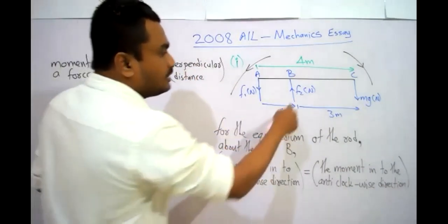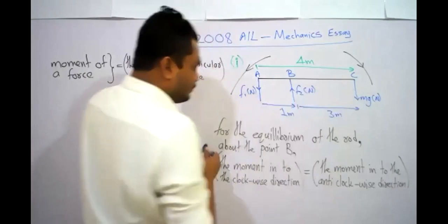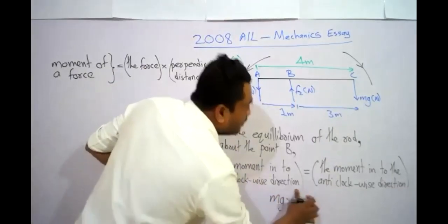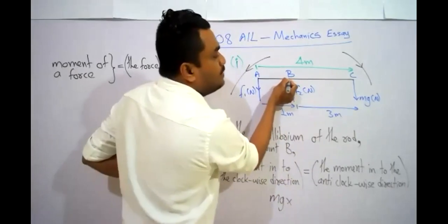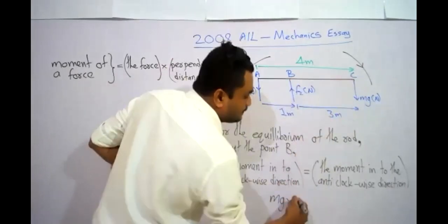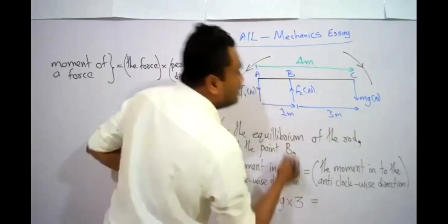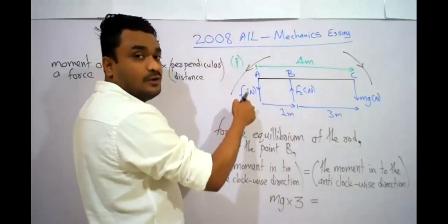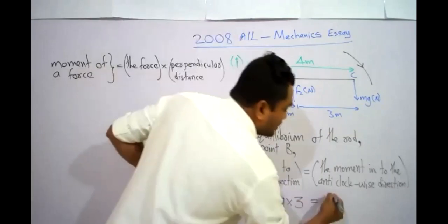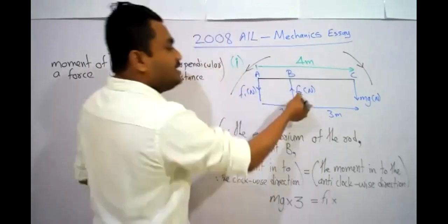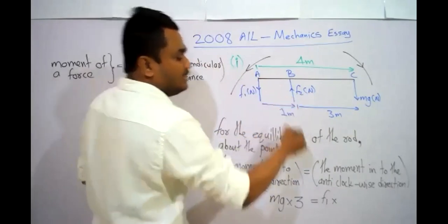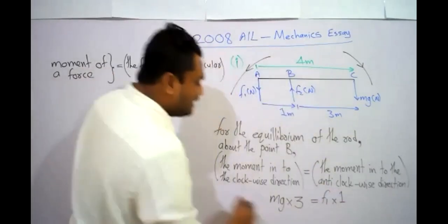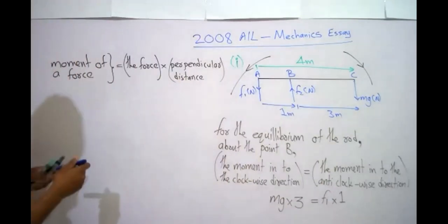So the moment about the point B by the mg force is mg, and the perpendicular distance from point B to mg is 3 meters. The rotating effort in the anti-clockwise direction is given by the force F1, and the perpendicular distance from point B to F1 is 1 meter.